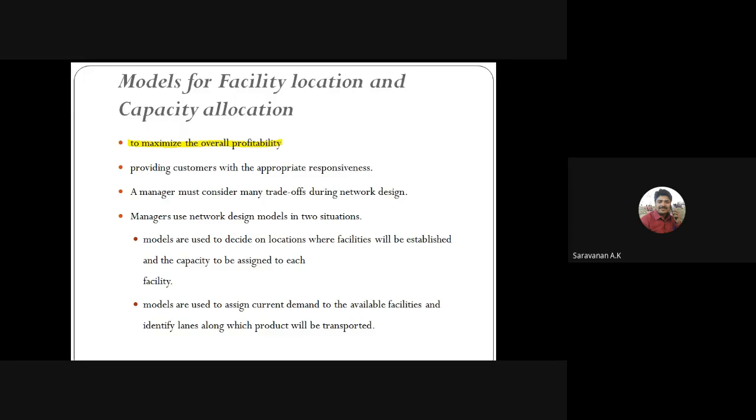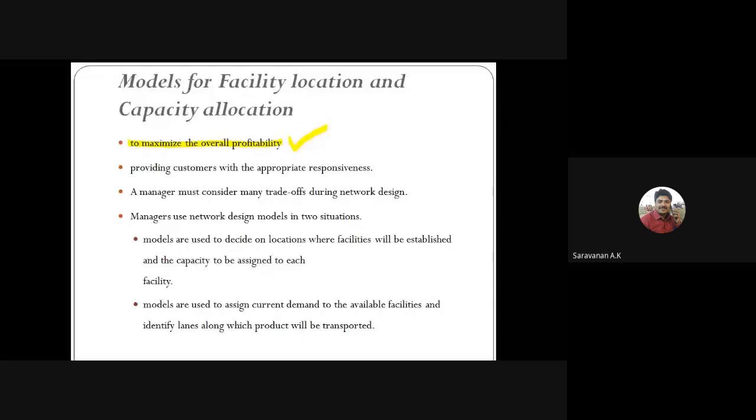While designing, we have to consider that factor, which is very important. So how can we improve the profitability of the firm after the taxes and the tariffs?